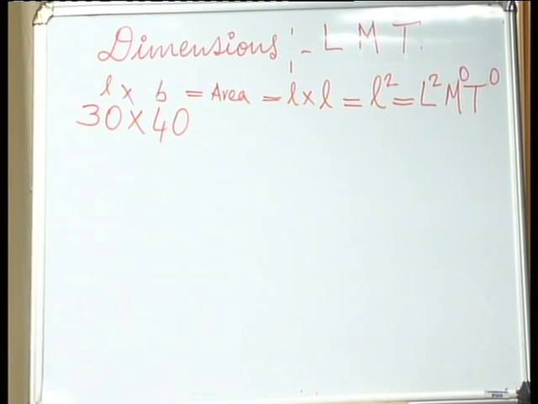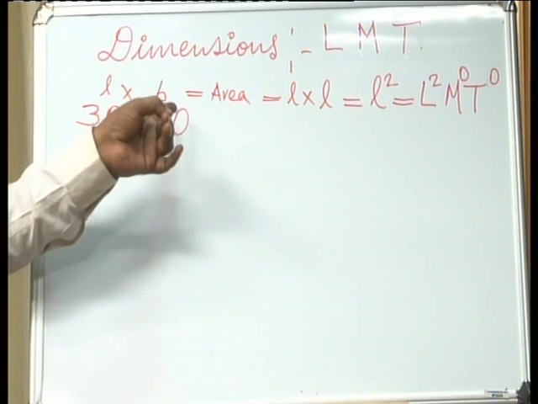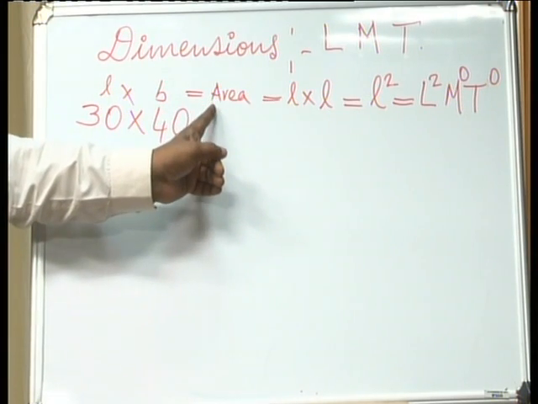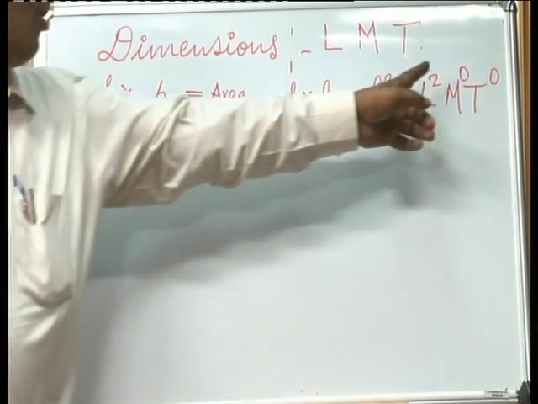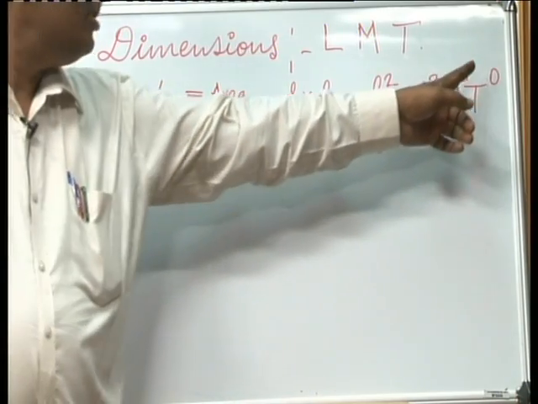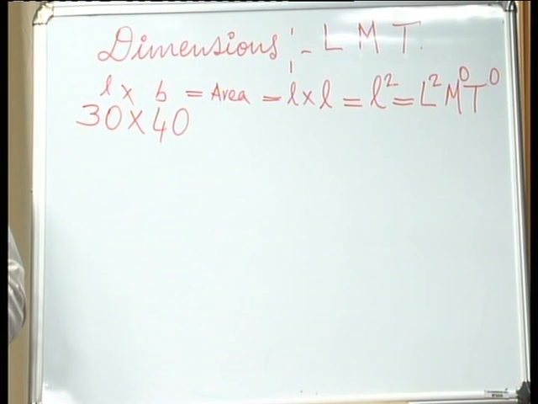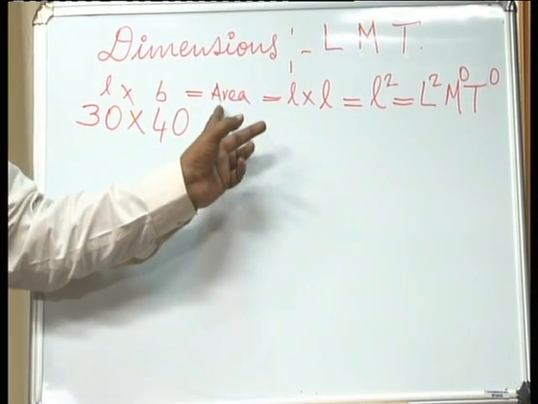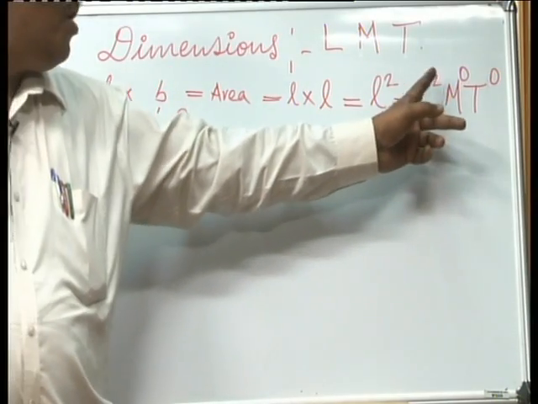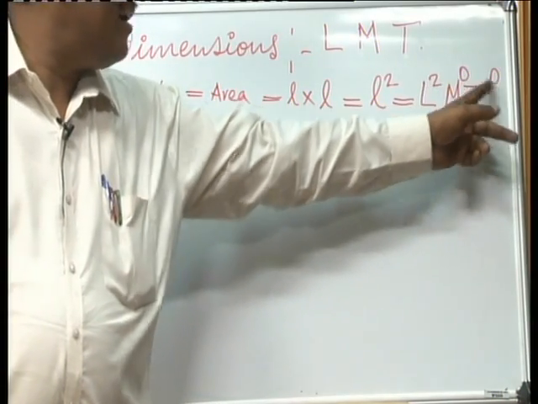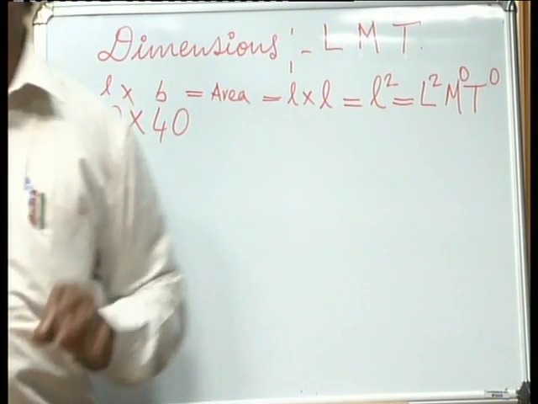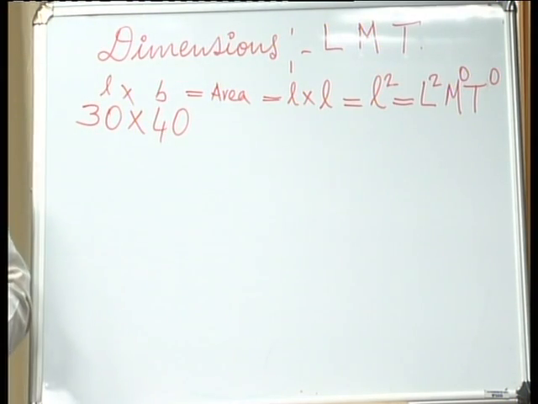So, now you can say the dimension of area is 2 in length, 0 in mass and 0 in time. So, I repeat, the dimension of any physical quantity is equal to the powers to be raised on the fundamental quantities to express the unit of that quantity.